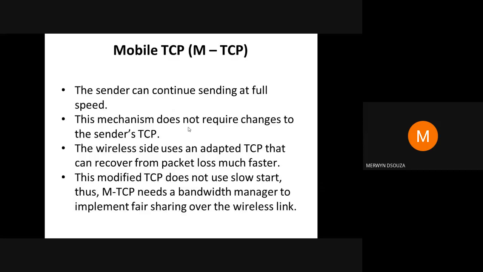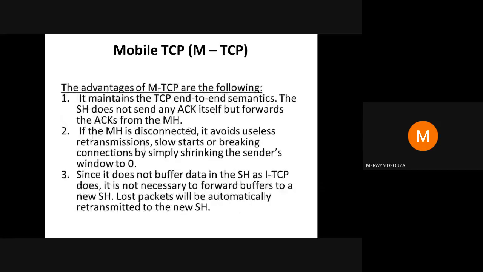So the advantages of MTCP are the following. It maintains the TCP end-to-end semantics, because the supervisory host does not send any acknowledgement itself, but it only forwards the acknowledgements that are being sent by the MH. Second advantage, if the MH is disconnected, it avoids the frequent retransmissions.